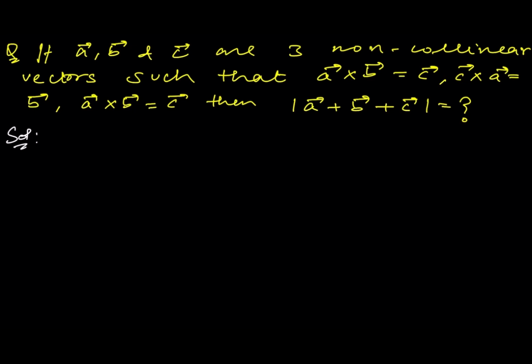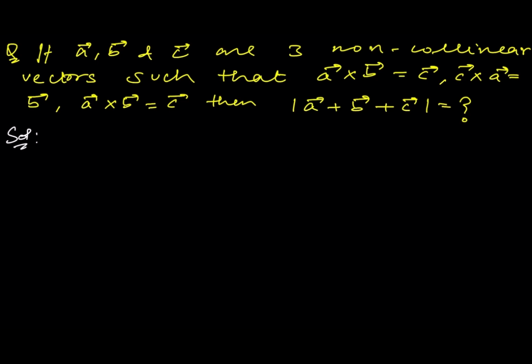Students, what is given to us? A cross B is equal to C, C cross A is equal to B, and B cross C is equal to A. In last class, we have seen that if these hold, then we know A dot B is equal to 0 and B dot C is equal to 0 and C dot A is equal to 0.